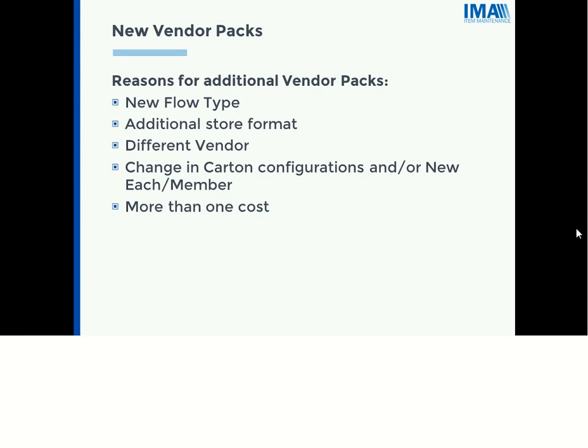Could be that it's going to be a different vendor supplying the item, a change in carton configurations or new each/member, or more than one cost. So if there's a new carton or a new each package, those have to have new vendor packs, but there are additional reasons that you could need a new vendor pack other than new cartons or new eaches.